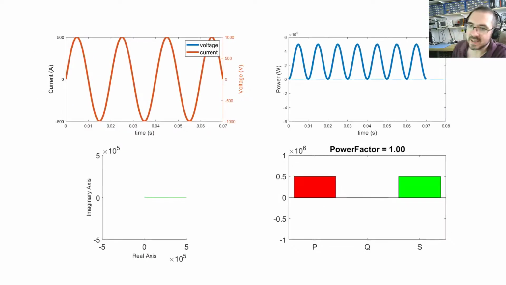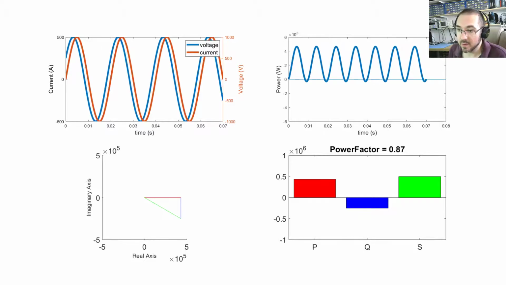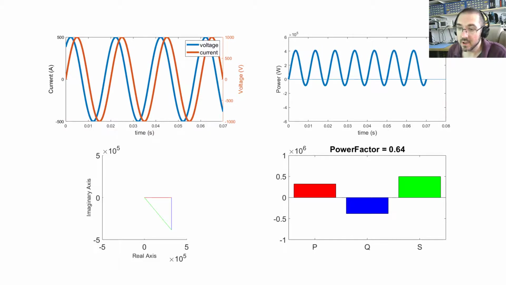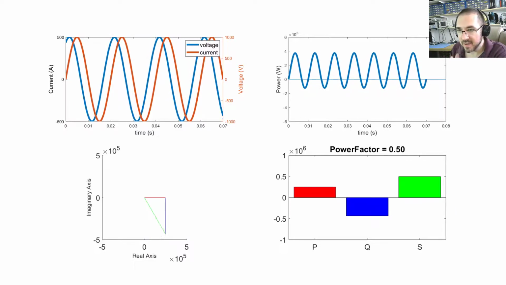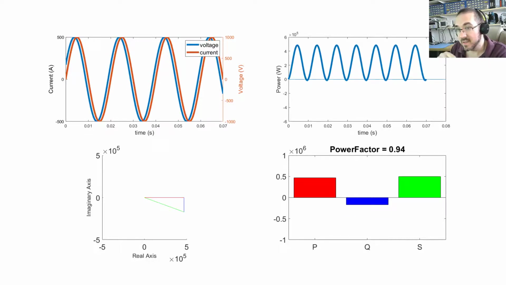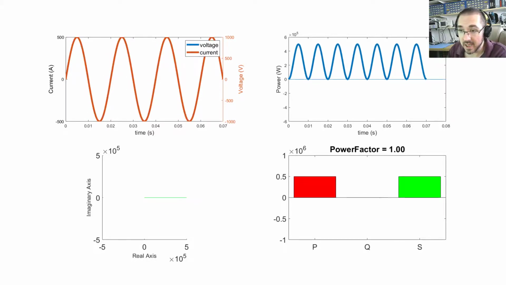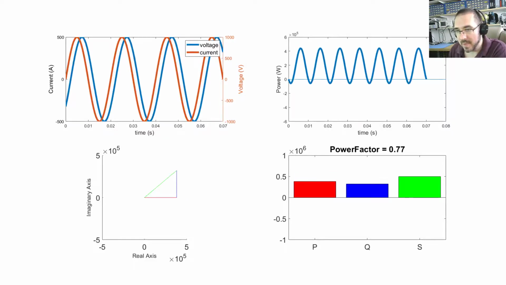But fundamentally, it comes down to how much of a phase shift you have between the voltage and the current. And you can see here, as the phase difference between the voltage and current increases, then the instantaneous power spends more time below zero.